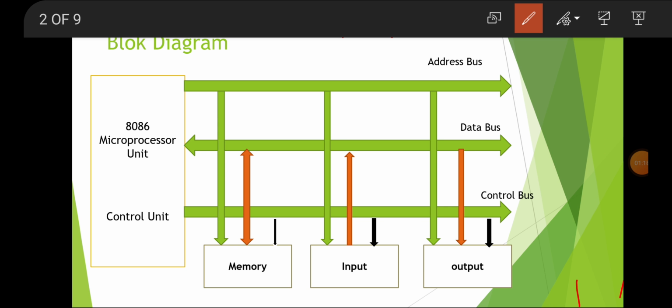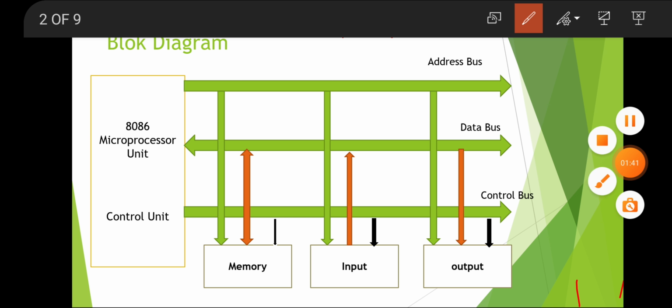Now what exactly is the use of the address bus? The address bus carries the address of the particular data or information. Suppose you are living at your home, and if I want to reach your home, I cannot reach it directly, so I need an address, right?